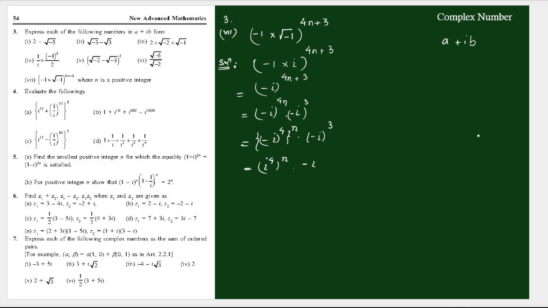Wait. It is like what? Minus i into minus i into minus i. Both of them become positive, right? Minus i into minus i becomes positive i square, and here we have got minus i. So i square is nothing but minus 1, minus i, minus plus. Okay, not minus, it is plus i.